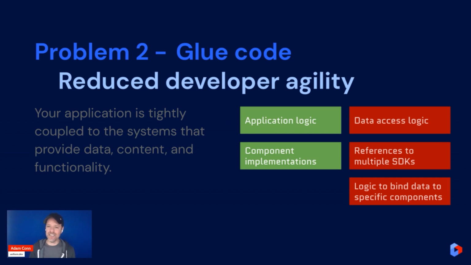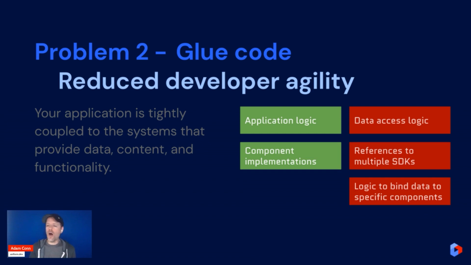Data access logic is not hard to write, but it can be tedious to write. You have to learn new APIs and maintain that code and keep up with API changes. So it can be tedious to maintain.